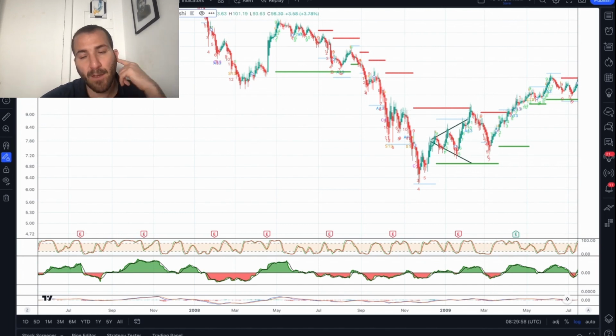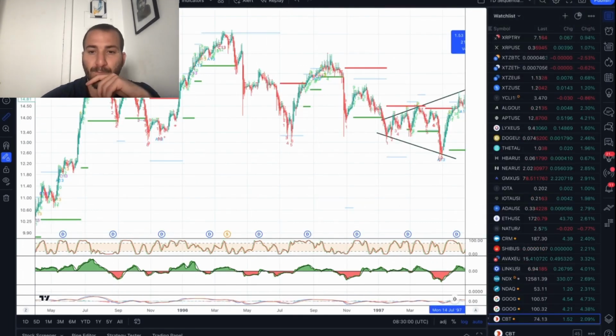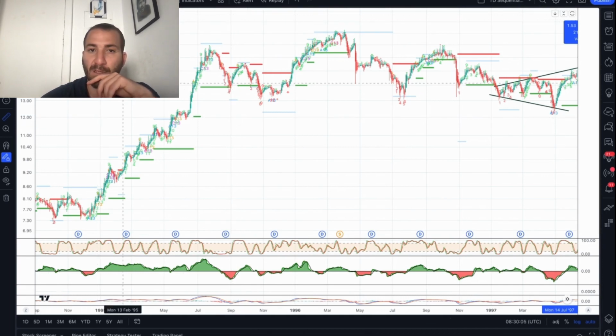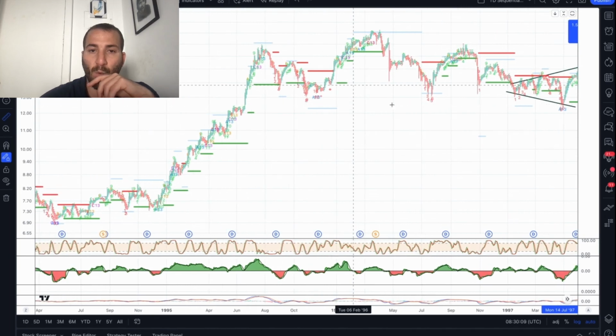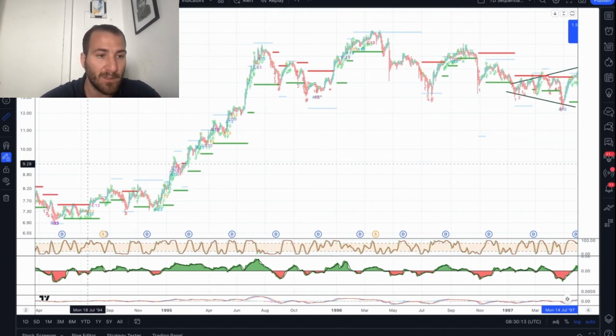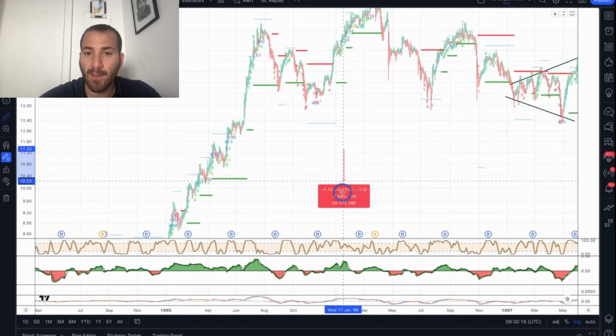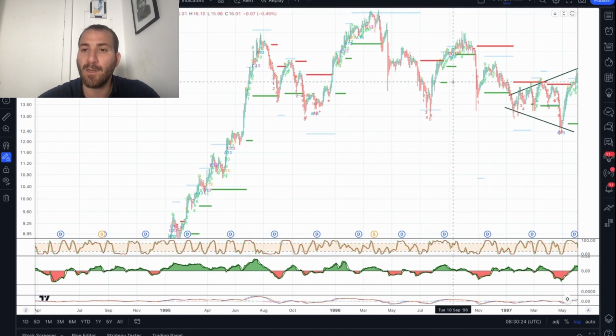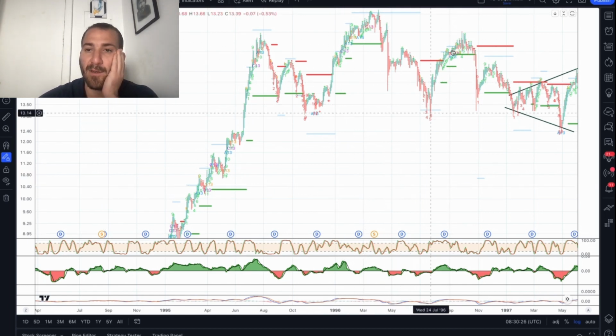Now, if I find another situation, there's this company, it's called CBT, I can't remember the exact name of it, but essentially in 1997 they also experienced a slight downfall in price, and then they started printing this kind of pattern.